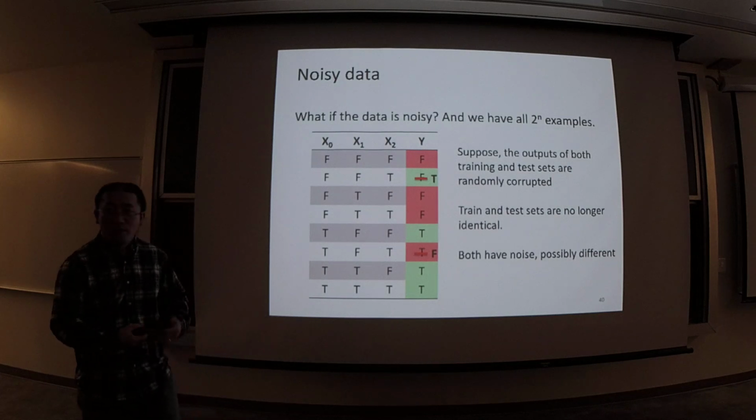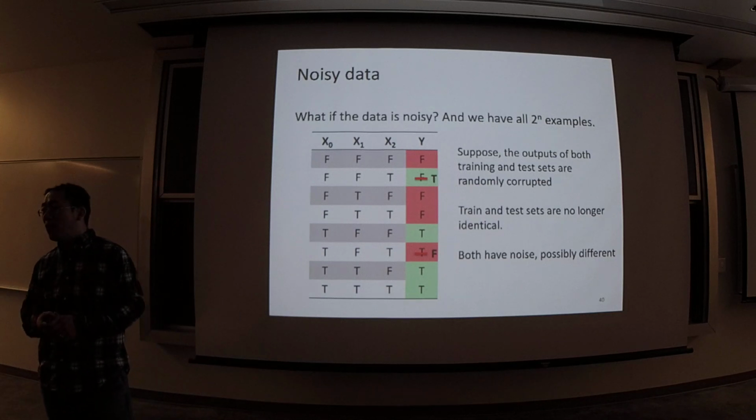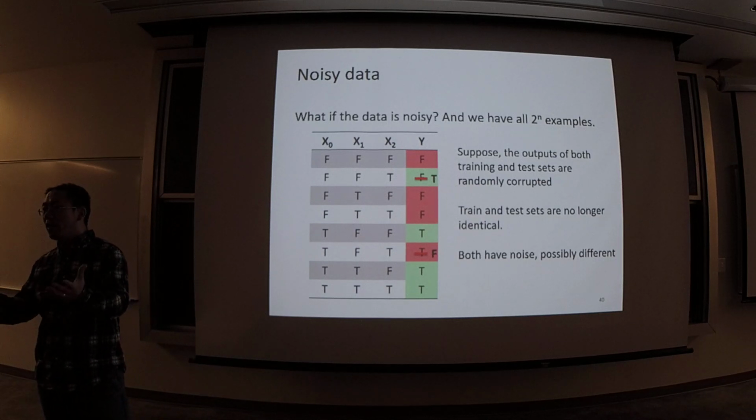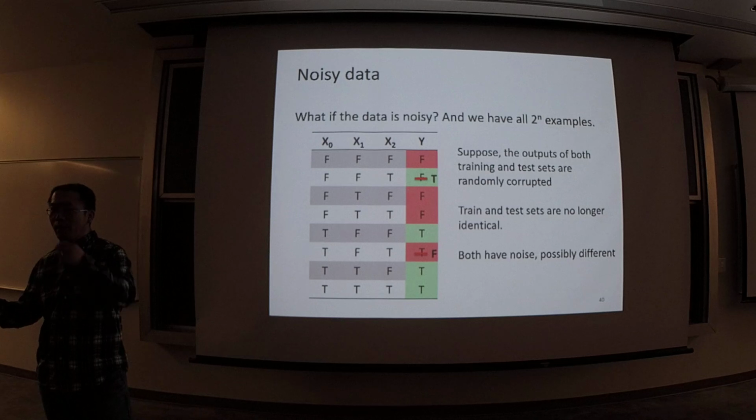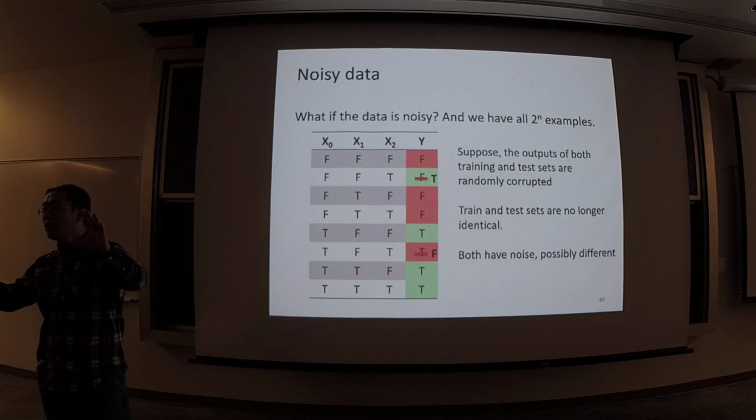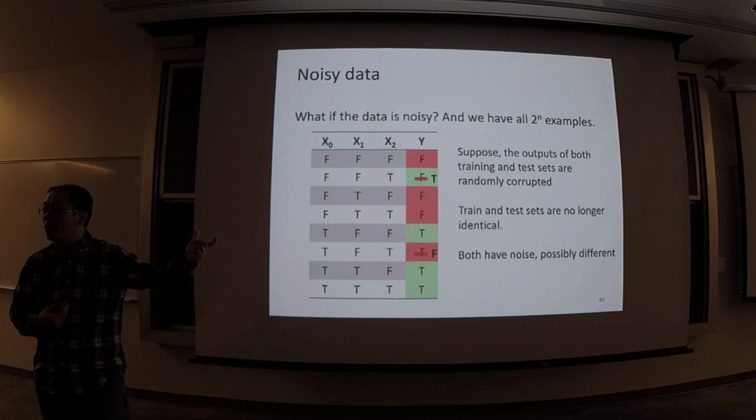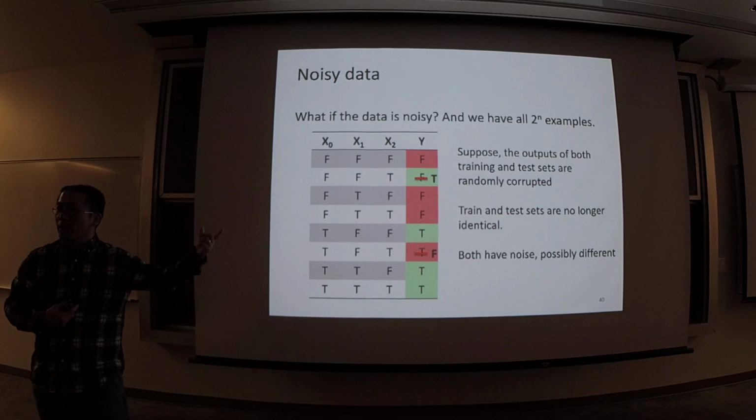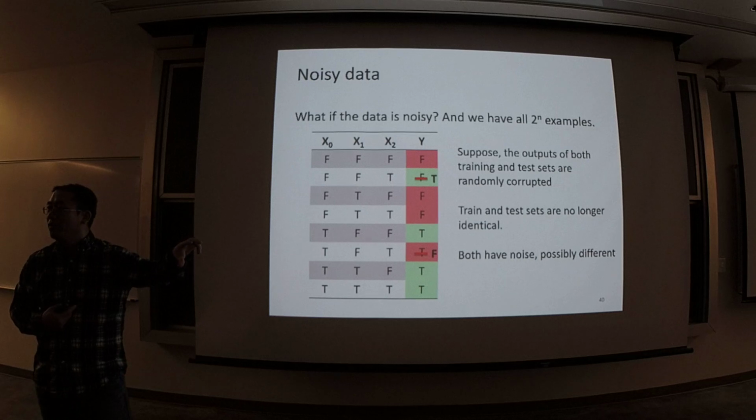Because now the test labels are randomly flipped, right? The consequence is that the test labels are now inconsistent with the training labels, even for the same input. That means if you perfectly fit the training example, then when that training example's input serves as a test example, your prediction is wrong because test labels change as well.